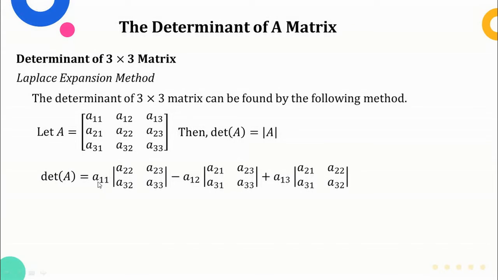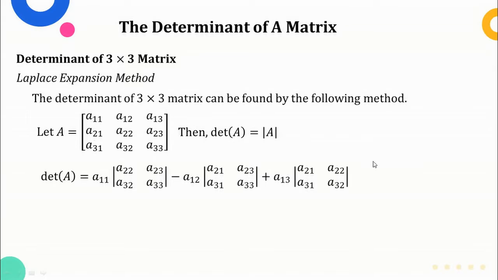A11 is from the first row and first column, so you multiply it by the other entries, excluding the first row and first column. How about minus A12? A12 is in the first row and second column, so you need to put the determinant excluding its row and its column.